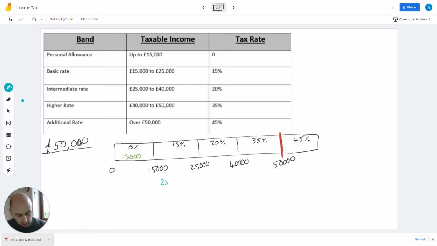So I do 25,000, take away 15,000. 10,000. So I put £10,000 of his money in that 15% pot. Okay, 25,000 to 40,000 goes into this 20% pot. So 40,000 take away 25,000. Let's work that out.